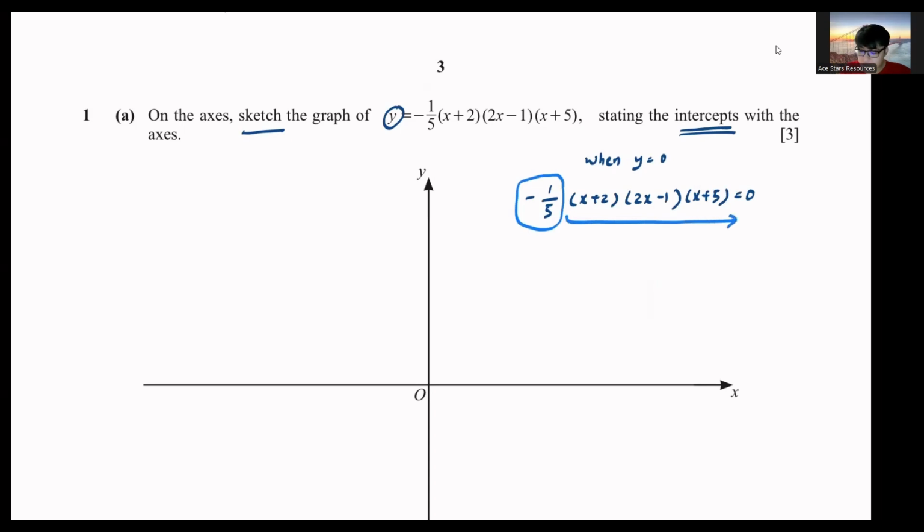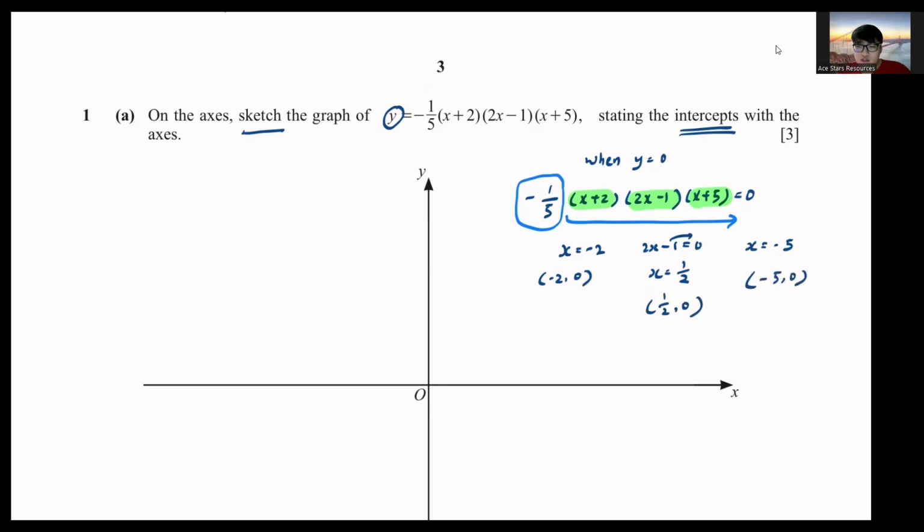So you only have to focus on the linear roots, and you'll end up with x equals negative 2, 2x minus 1 equals 0, and x equals negative 5. You move over the 1, so you end up with 1 over 2.